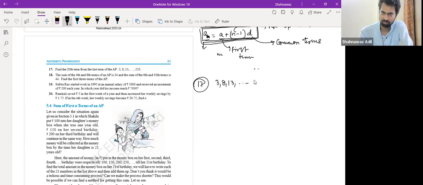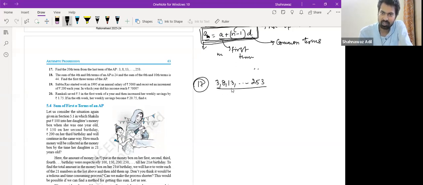So this is the AP, and we have to calculate the 20th term from the last term of the AP.